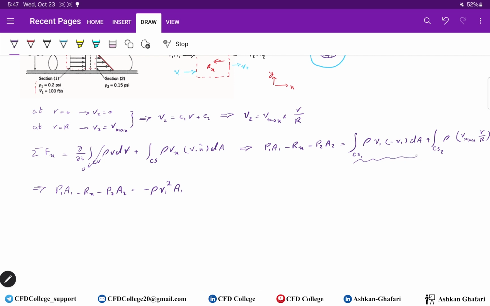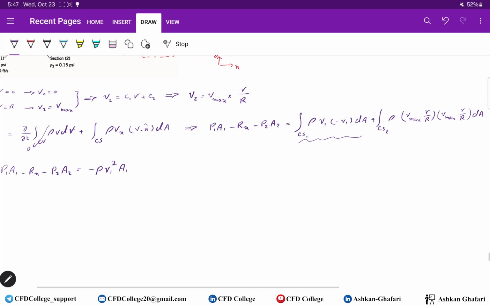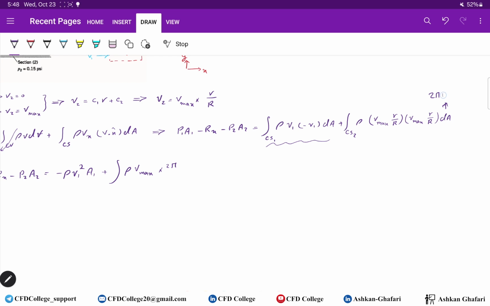In this integral, rho and V are constant, so you can solve the integral easily. For the second integral, you have to do the integral. We have rho Vmax, 2 pi. dA is 2 pi r dr. So we have 2 pi and r square here.